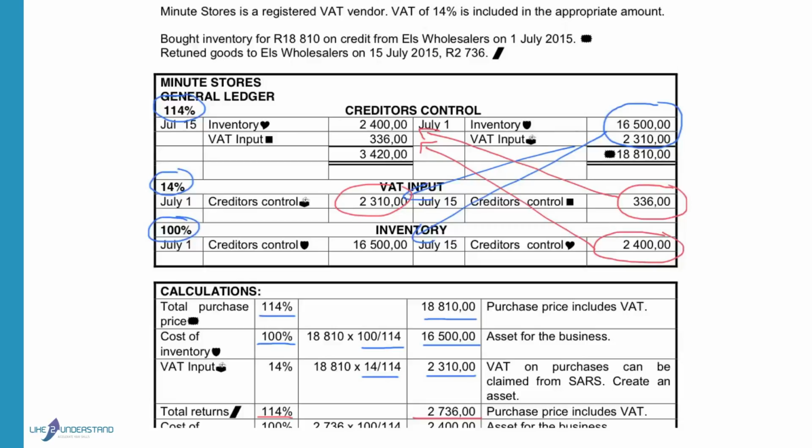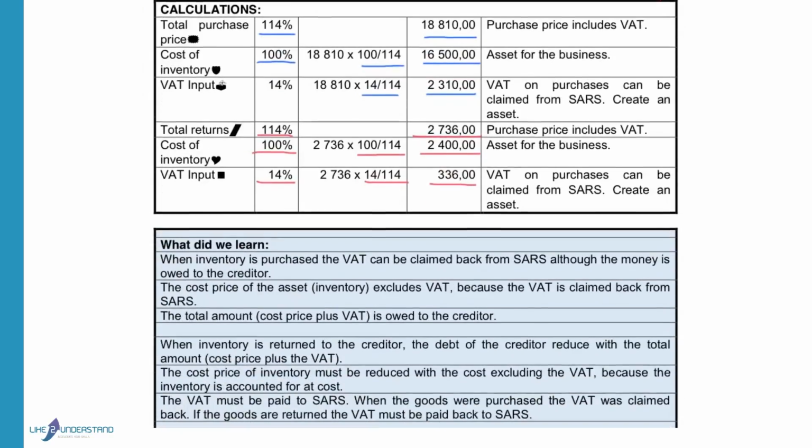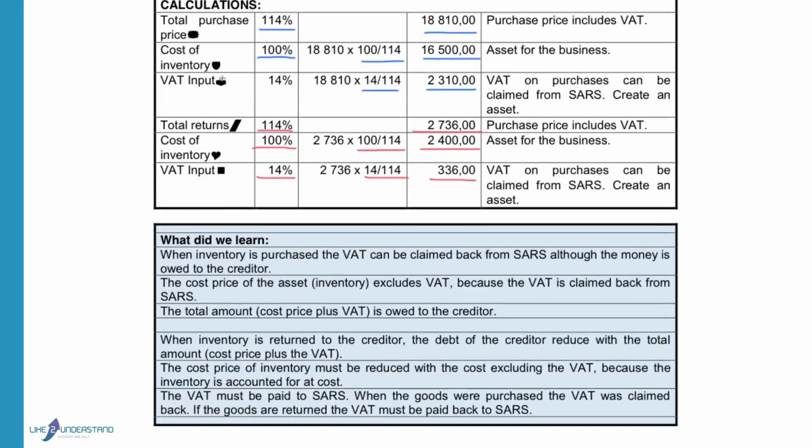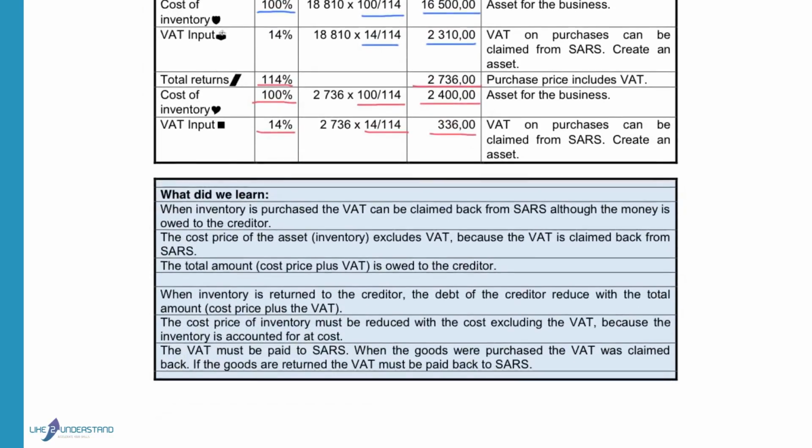What did we learn today? When inventory is purchased, the VAT can be claimed back from SARS, although the money is still owed to the creditor. So we claim the money back immediately, although we will only pay the creditor later. The cost price of the asset, the inventory, excludes the VAT.